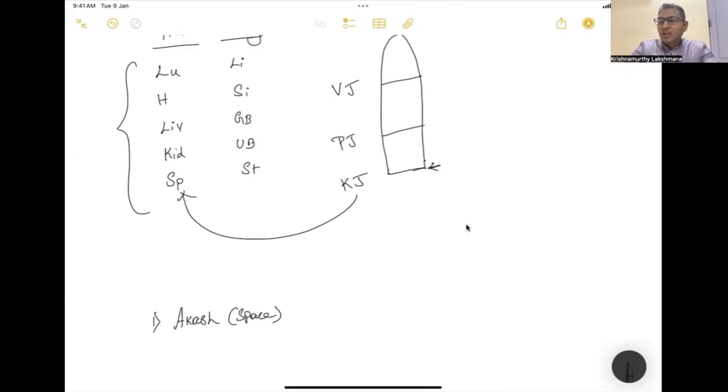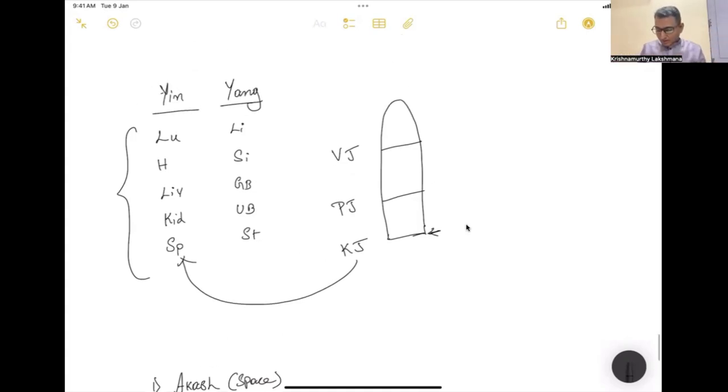Because it can increase its surface area. Who can increase the surface? Stomach. It will store food in that space. So Akash is what? It is the outer covering.